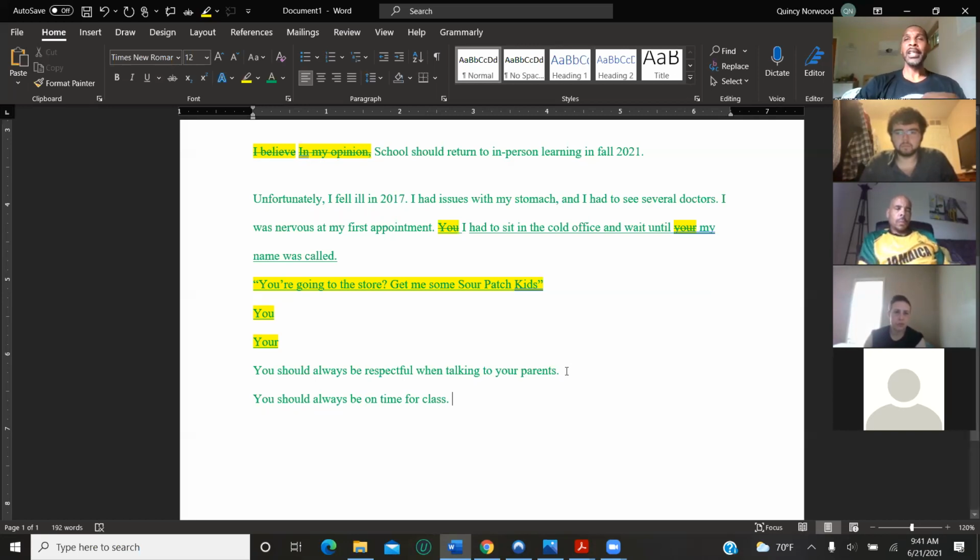But when writing, we don't want to point our fingers at our readers. And even on some of your papers, I may have written, try not to address your reader directly. So sometimes we can just swap out second person for first person. Other times we could be referring to a specific group when we say you.